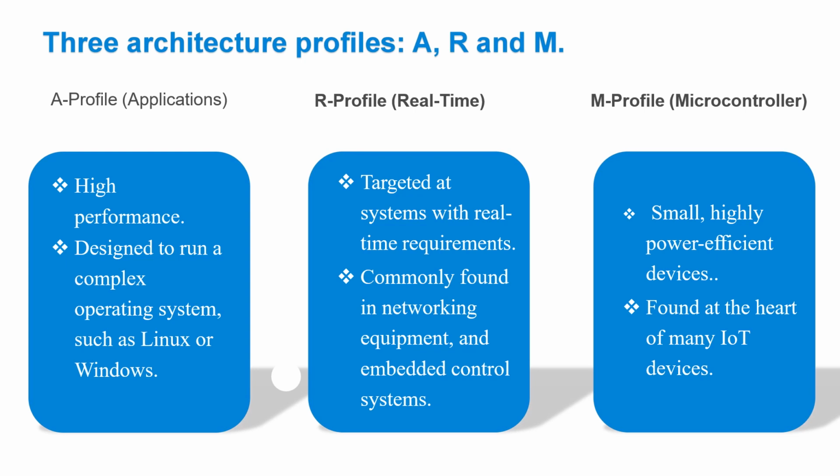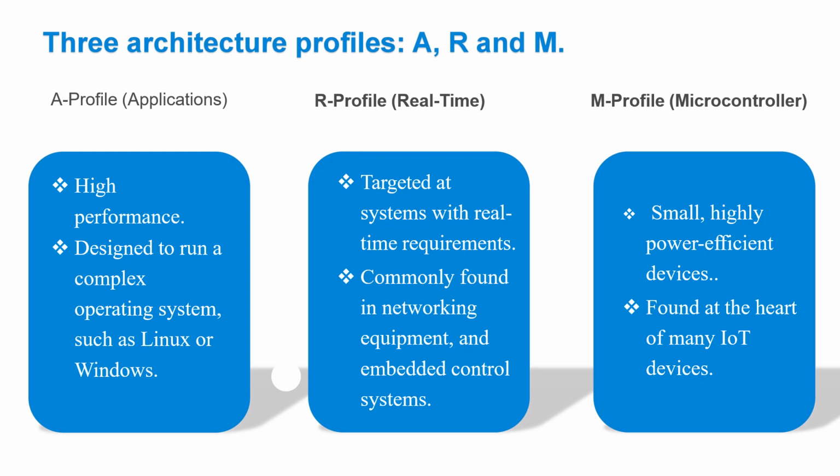So when you talk about this architecture profile, ARM is mainly used for application purposes, and we are using this in real time. The heart of IoT is a microcontroller. When you talk about the application, it is high performance and designed to run a complex operating system like Linux or Windows, and it is mainly targeted for real-time requirements.